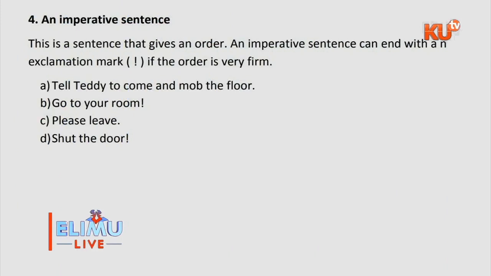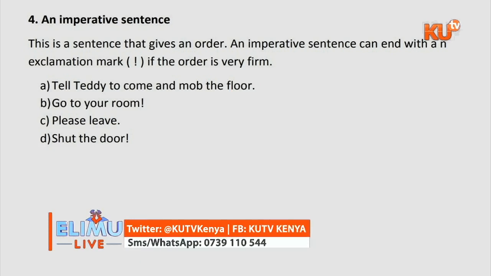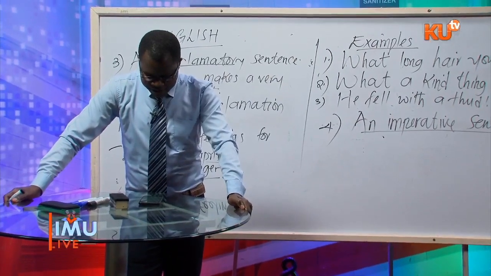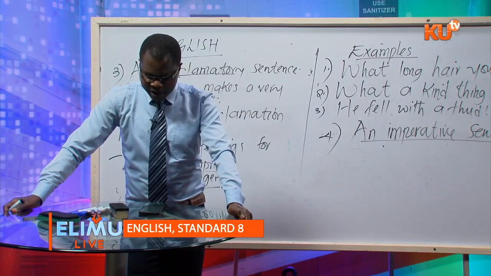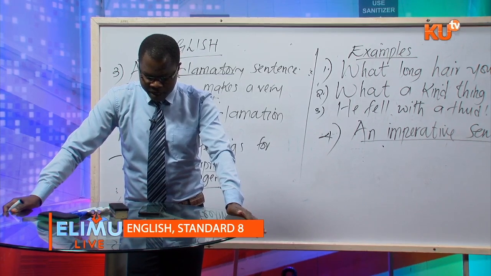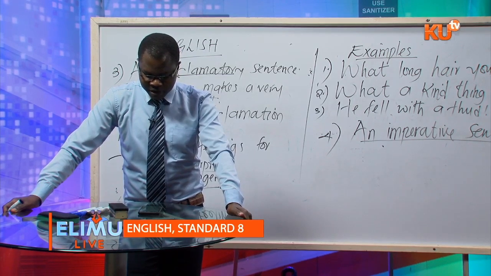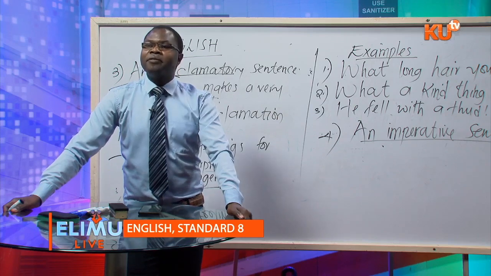An imperative sentence. What is an imperative sentence? An imperative sentence is a sentence that gives an order. An imperative sentence ends with an exclamation mark, just like exclamatory, if that order is very firm.